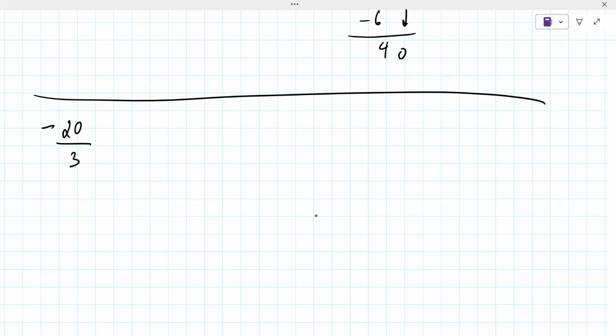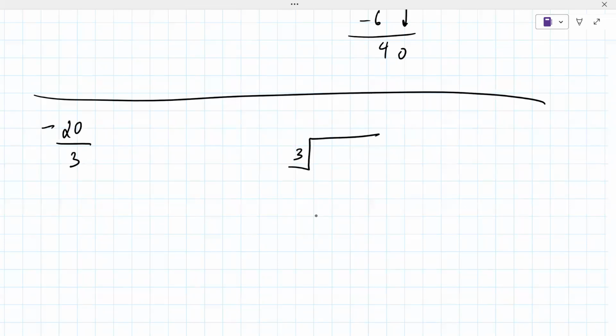Then 20. Point 5 or 0.15. One more time, I didn't hear you. 0.15.